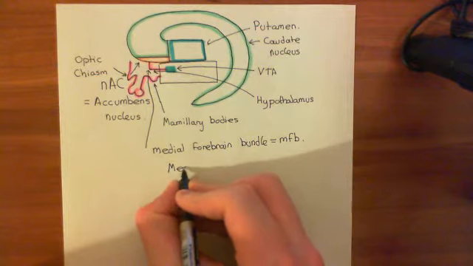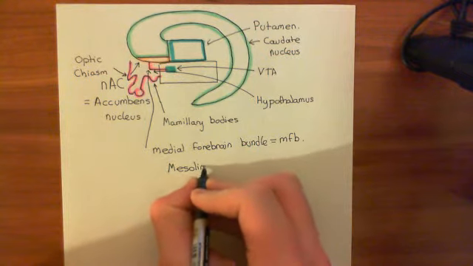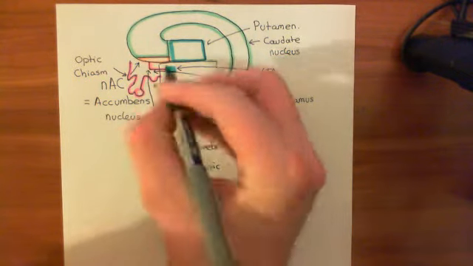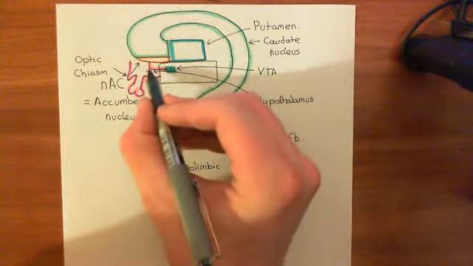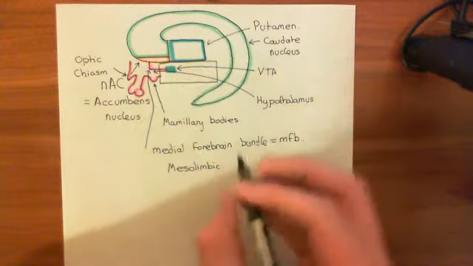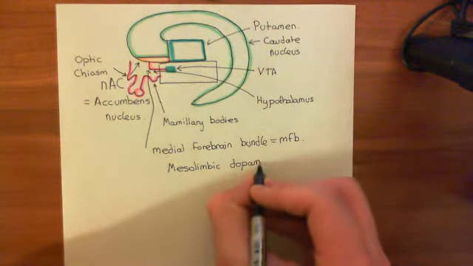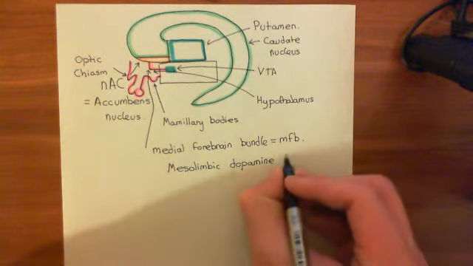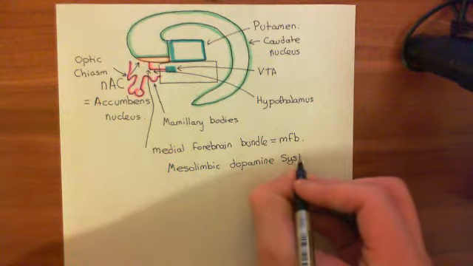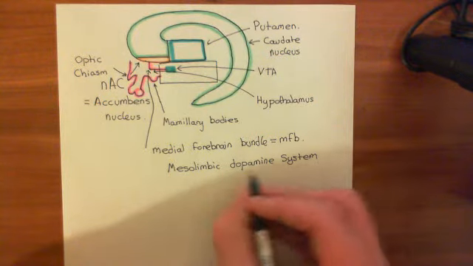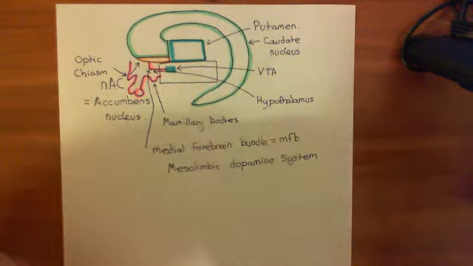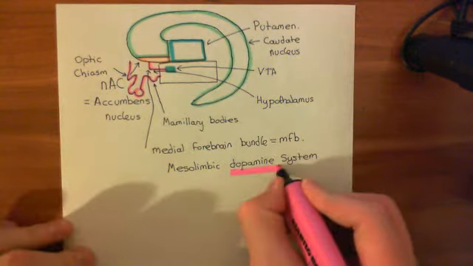Mesolimbic dopamine system. And by the way, that's what this whole thing is called. This ventral tegmental area connected to the nucleus accumbens is the mesolimbic dopamine system, or just the mesolimbic system. And basically, these ventral tegmental area neurons are going to release the neurotransmitter dopamine.